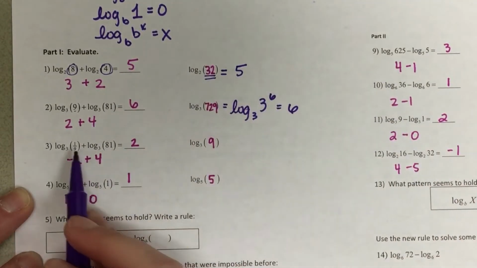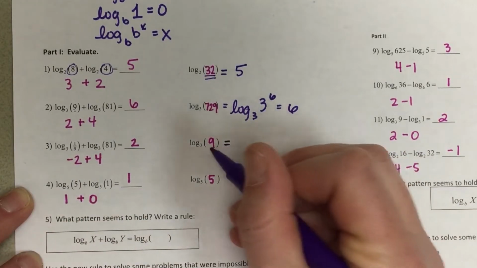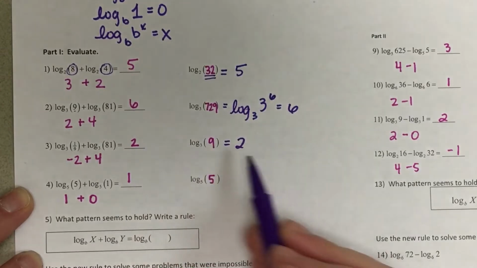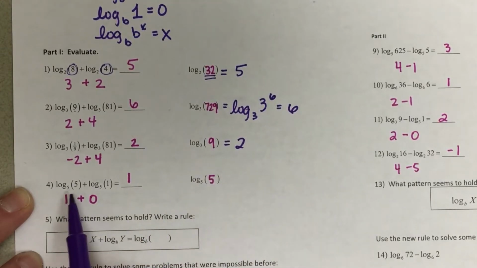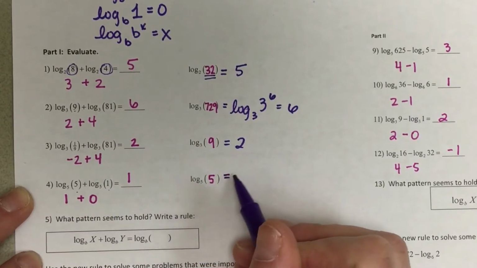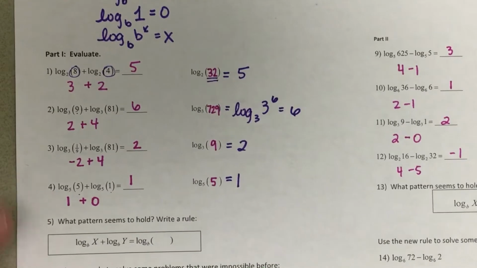Same thing here. 1/9 times 81 gives us 9. Well, we know log base 3 of 9 would equal 2. And then if I had 5 times 1, I get log base 5 of 5, and that's going to equal 1.